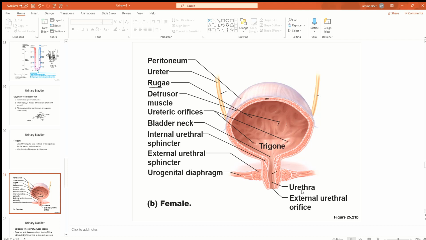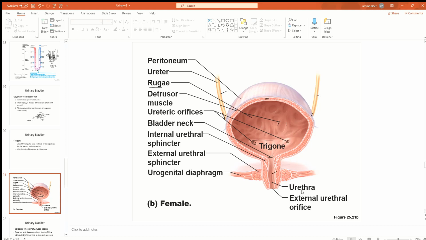You remember gastric rugae, the thick mucosal folds. Similar folds are present inside the urinary bladder, because the urinary bladder and stomach both can expand and squeeze. Okay. Now another thing, you see, these two ureters enter through these ureteral openings into the bladder. Okay, and this is the urethral opening.